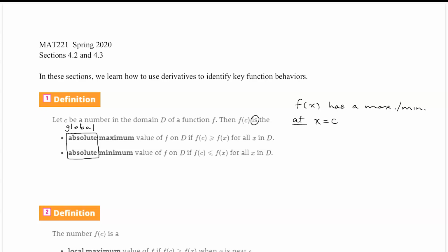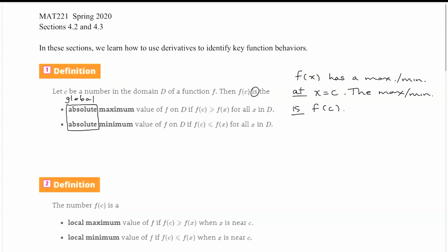So we could say f of x has a max or maybe a min at x equals c, or sometimes it'll say at c. But the max or min is f of c.